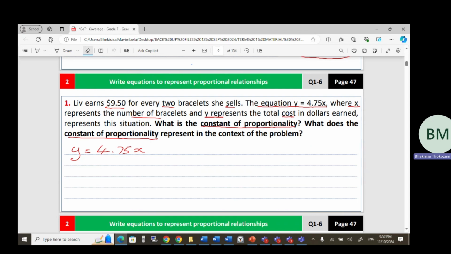But if I want to write it as an equation, now I want to make k a subject of the formula. So we have something like this, guys.